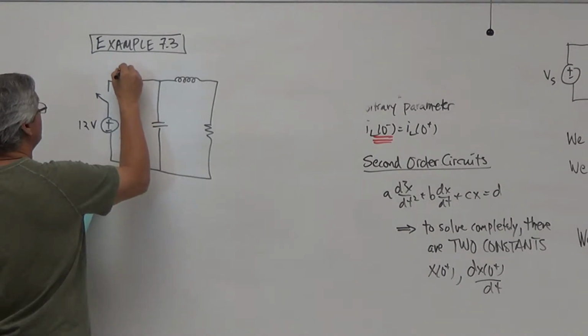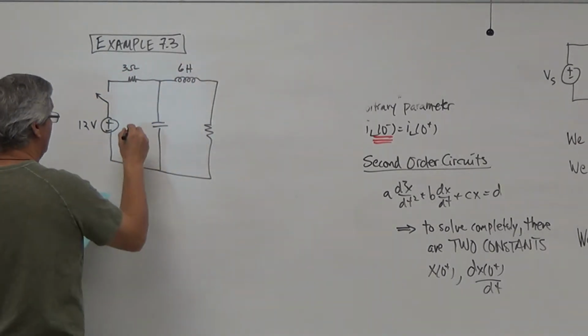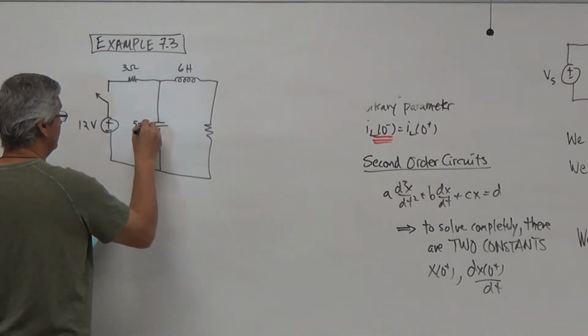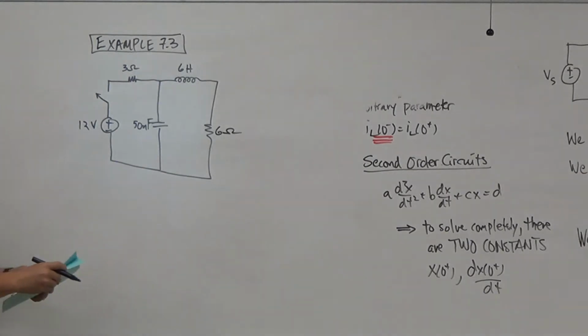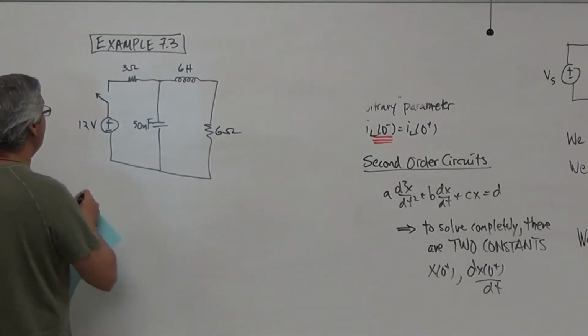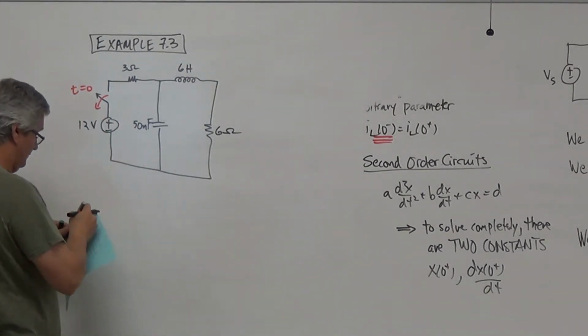So I have a 3 ohm, a 6 Henry inductor, a 50 millifarad capacitor, and then a 6 ohm resistor. Then I'm going to say that the switch opens at t equal to 0.